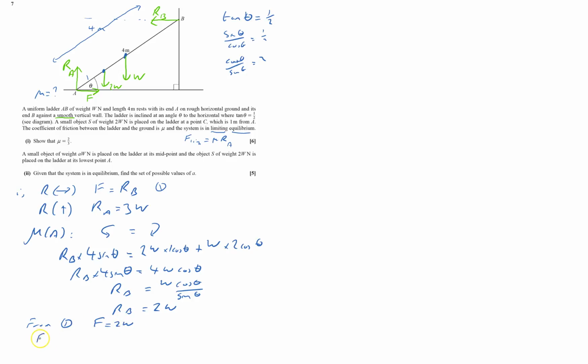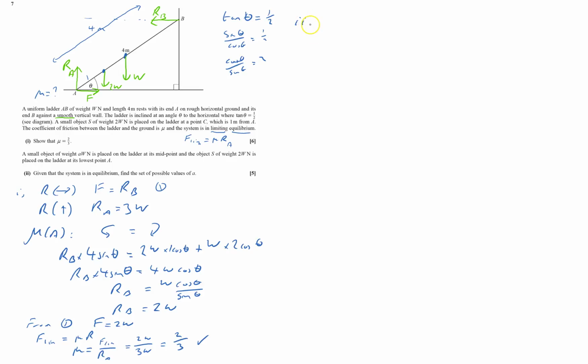And so we got F lim equals mu R, so mu equals F lim over R, which equals 2W over RA, and we've worked out RA is 3W, so that will be 2/3, which is what they wanted me to show.